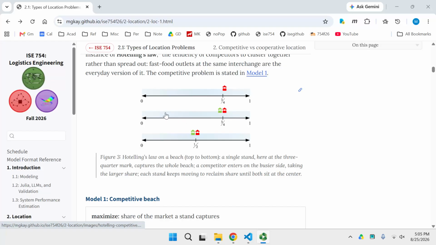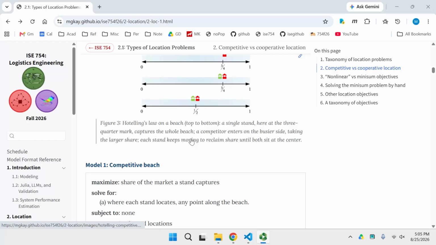So it would get more market share, assuming customers are uniformly distributed. So the net result, assuming that they're hot dog stands and they're easy to pick up and move, is that eventually you'll end up with two hot dog stands located right at the middle of the beach, essentially splitting the market. That's the predicted competitive solution.